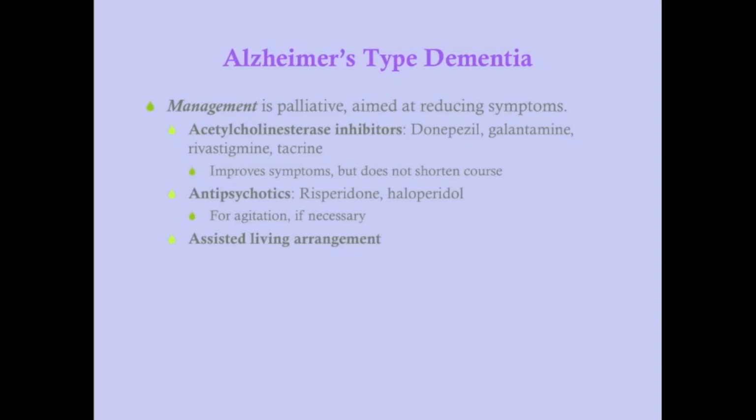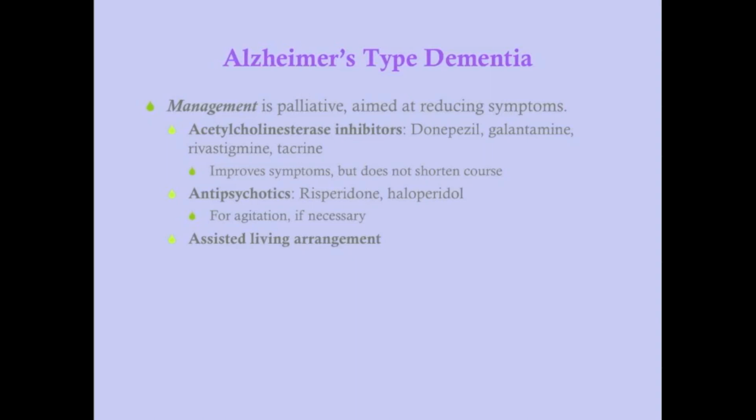The management for Alzheimer's is going to be palliative, and it's going to be aimed at reducing symptoms. We do have some agents out for Alzheimer's, most prominently the acetylcholinesterase inhibitors, and those are donepezil, galantamine, and rivastigmine, which is a transdermal patch that administers the agent.